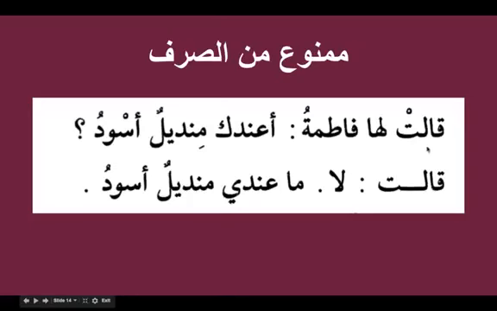To Zainabu. Qalat laha Fatimatu indaki, a is harf istifham, inda is zarf, and ki is mudaf ilayhi. So we know it is ki because it is talking about a feminine. So she's asking, do you have indaki mindilun aswadu? See, mindilun aswadu, a black handkerchief.